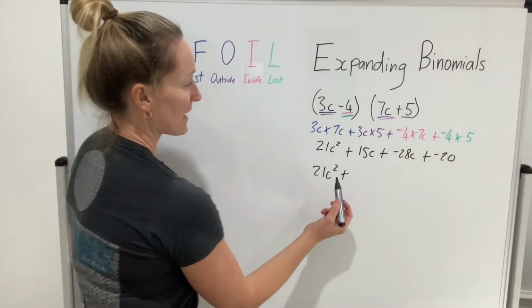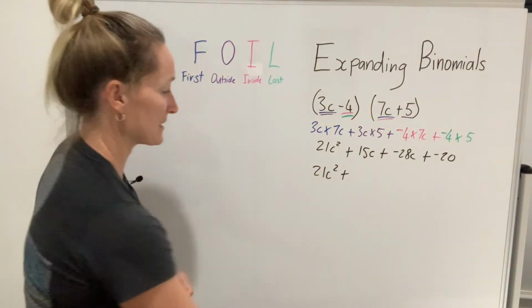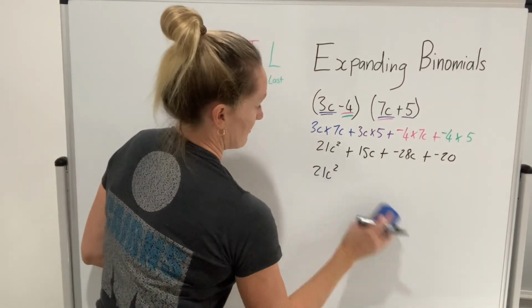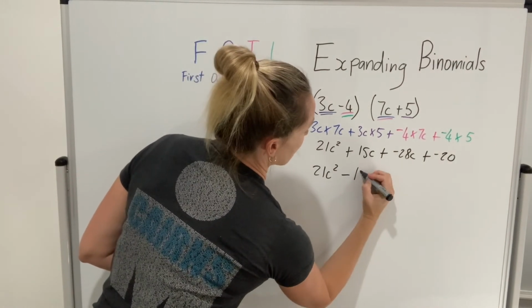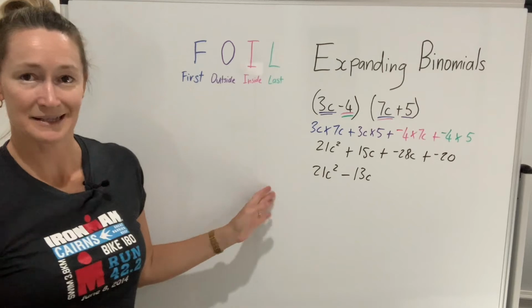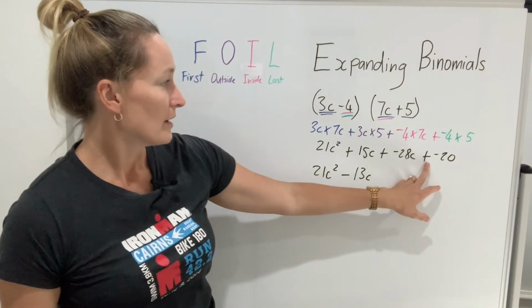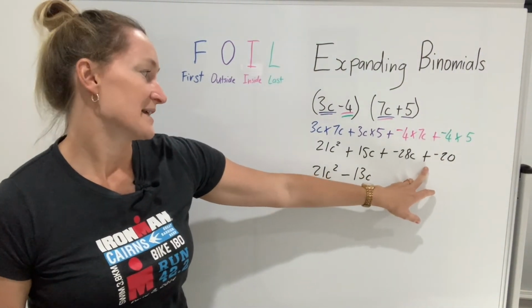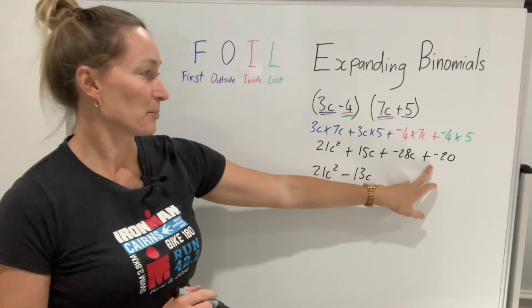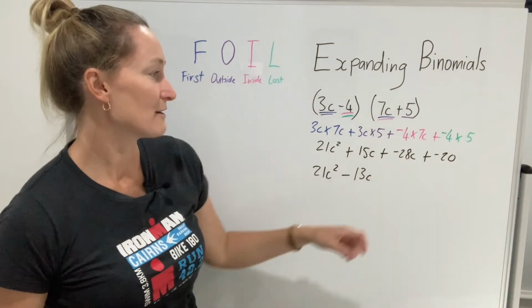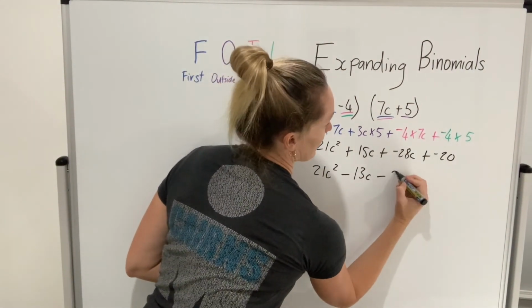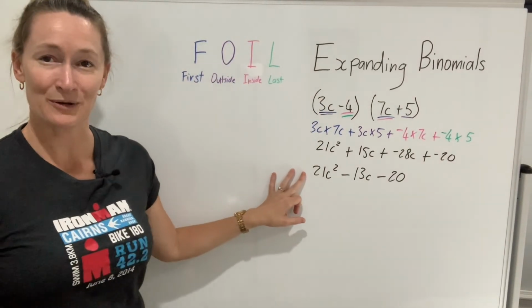So instead of saying plus negative 13c, you could just say take away 13c, and that means the same thing. Plus negative 20, and same again, instead of saying plus a negative, we just say take away 20, and there's your answer.